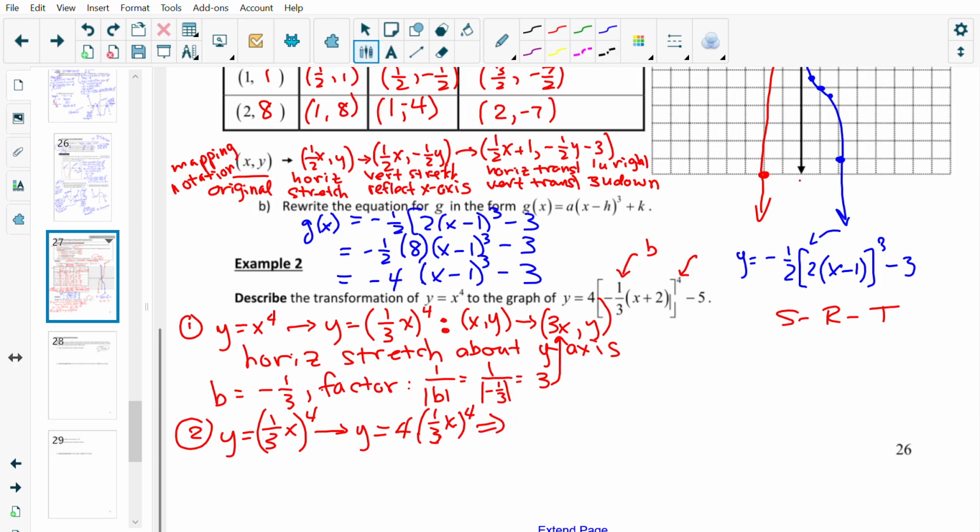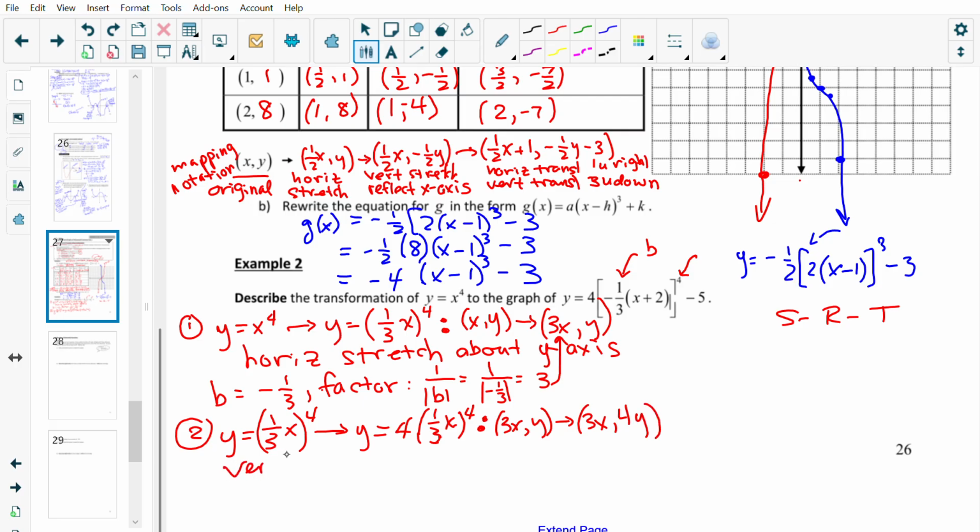Okay, my mapping goes from the previous one, (3x, y), now to (3x, 4y).